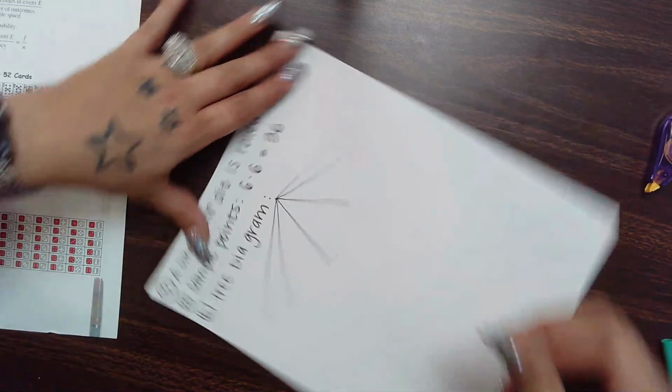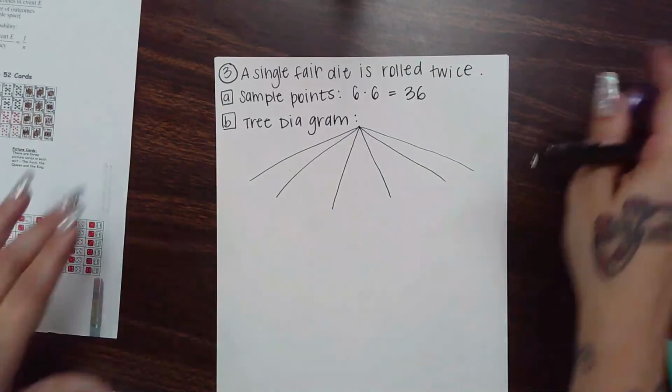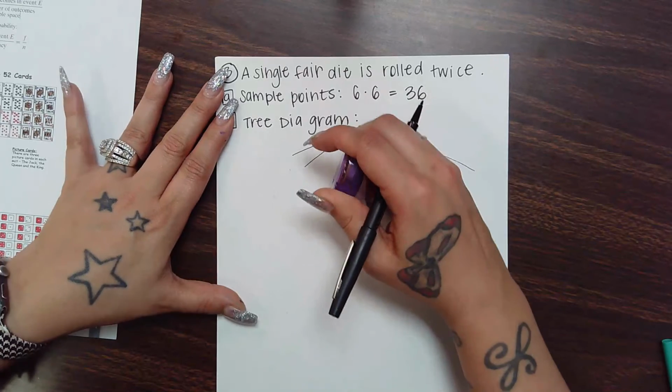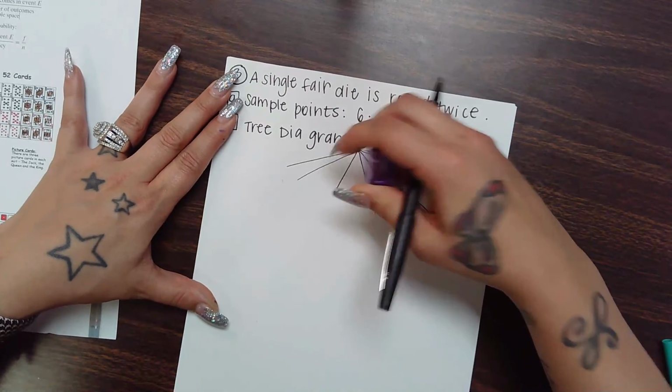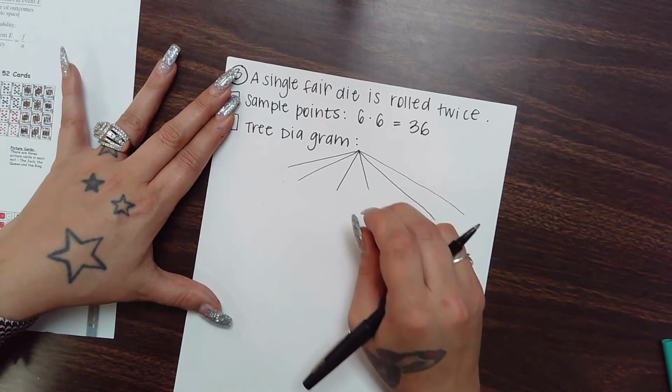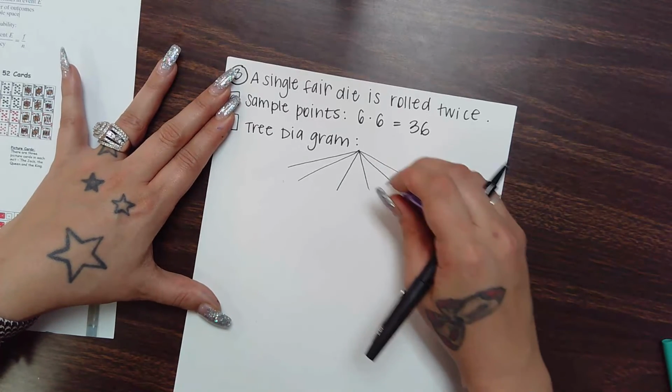I could have made them way shorter. I think I actually am going to make them a little bit shorter. But if you notice, I did 6 branches. And these are the first predominant branches that start my tree diagram. That's my first experiment.